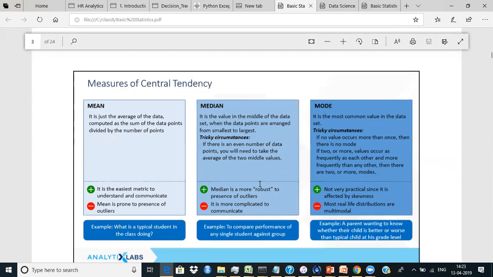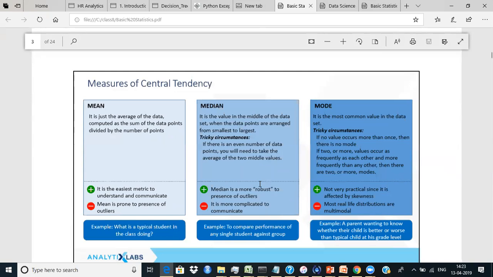Mode. Mode is again not affected by outliers, right? That's an advantage. The disadvantage is there is no particular use of mode. No statistical theory is based on mode.